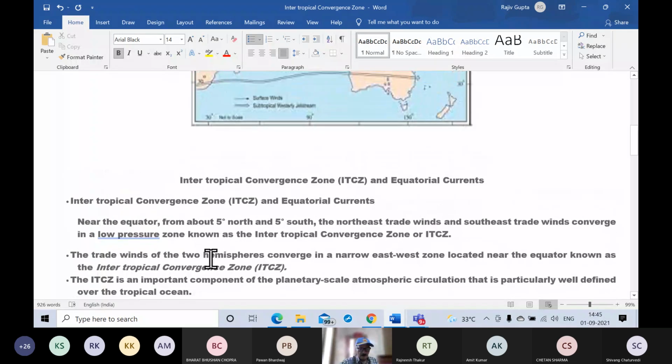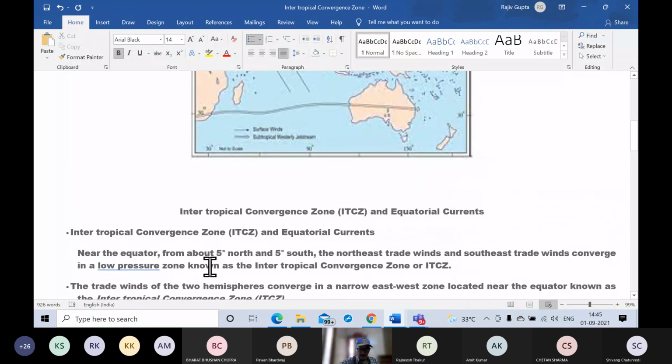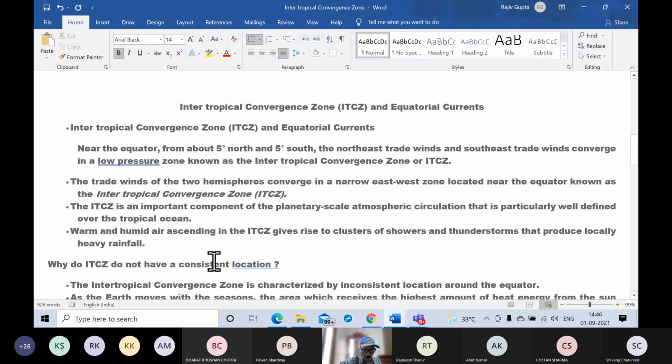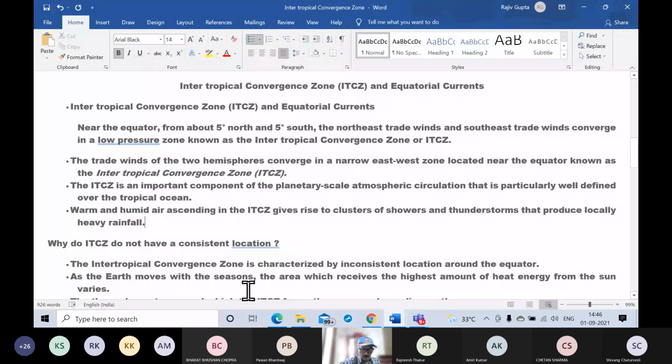But we have said that they move with the season. The limits of the ITCZ vary with season. So it brings us to a question: why does the ITCZ not have a consistent location? Because the Earth moves with the seasons, the area which receives the highest amount of heat energy from the sun also varies.